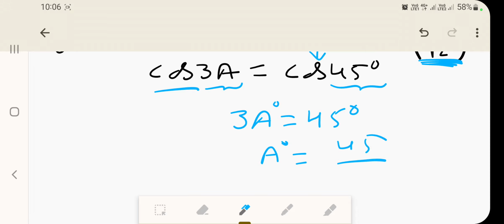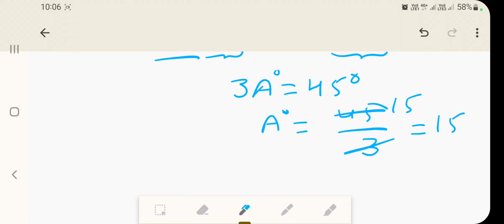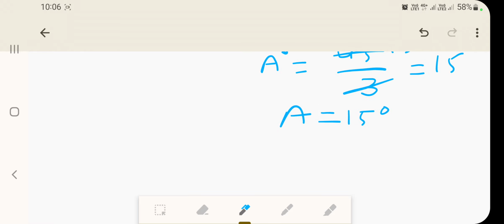This 3, which is multiplication on the left hand side, comes in the denominator when it goes to the right hand side. We know that 3 fifteens are 45, so we get 15 degrees. Okay, so angle A is equal to 15 degrees.